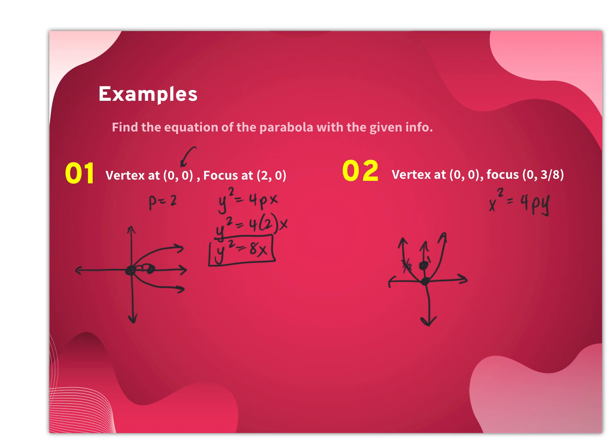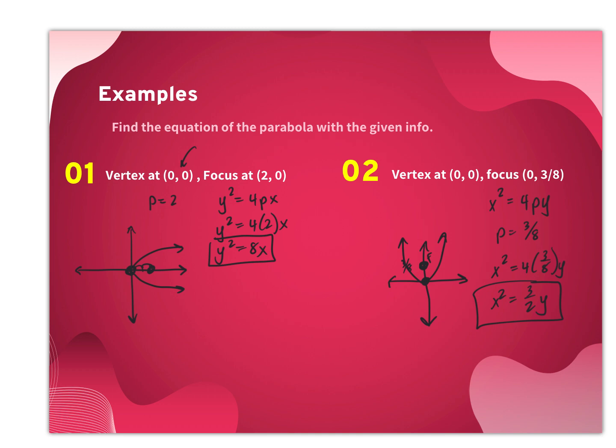Now, if this focus is at 0, 3/8, then I know that p equals 3/8 because that's 3/8 unit above 0. And so my equation is going to be x squared equals 4 times 3/8 y. And when I do the math, I get 3/2 y. And so this is the equation of this parabola.